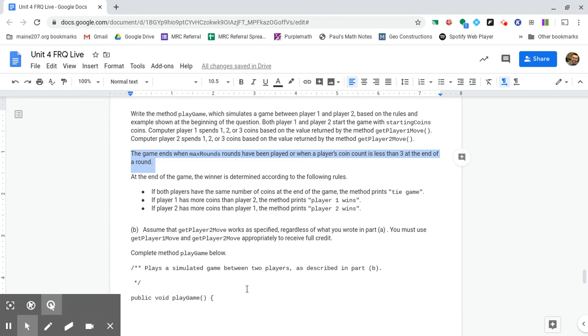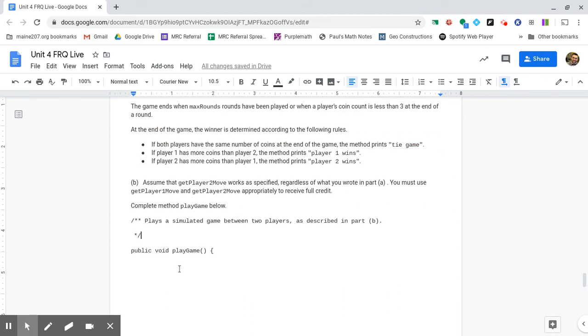Okay, so let's take some notes on this before we even get started here. First things first, what's happening here? We know that both players will start with the same number of coins. We know players will spend coins based on the class's methods.